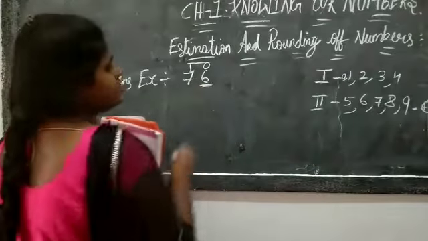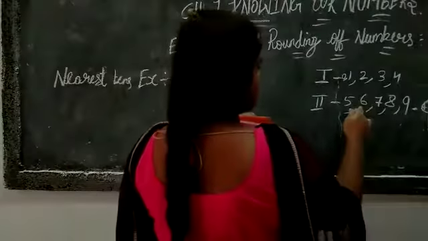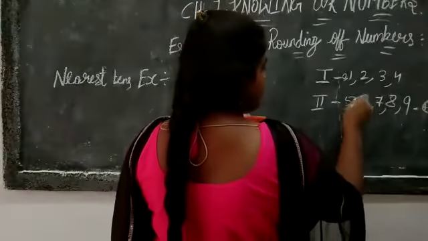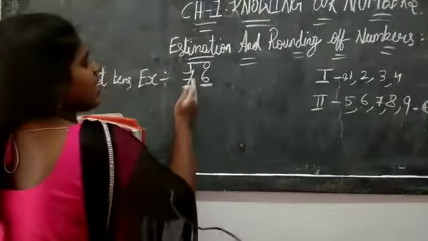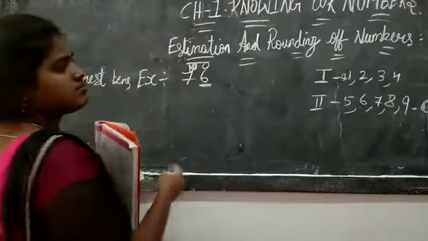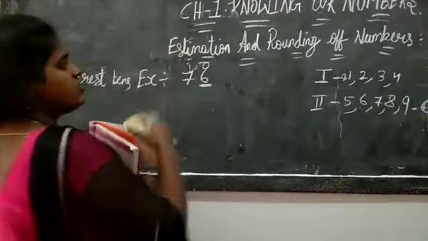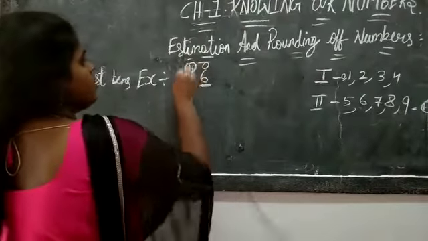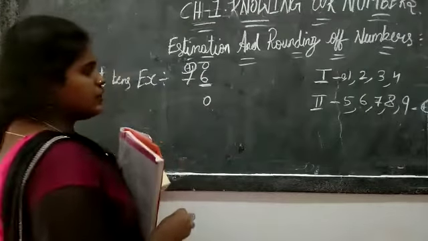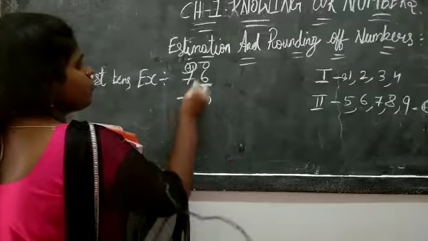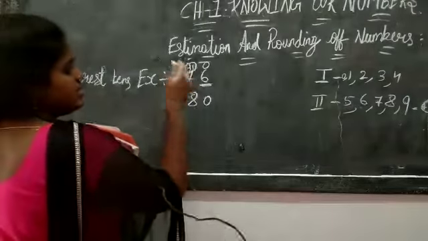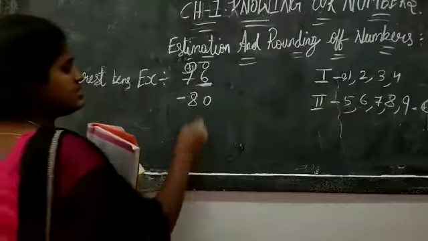Now here your ones place is 6. So what I said for 5 or 6 or 7 or 8 or 9, what should you do? We need to add 1 in your tens place. Okay? Now your ones place will be 0. Now 7 plus 1 is how much? 80. So the nearest number for rounding off 76 is 80.